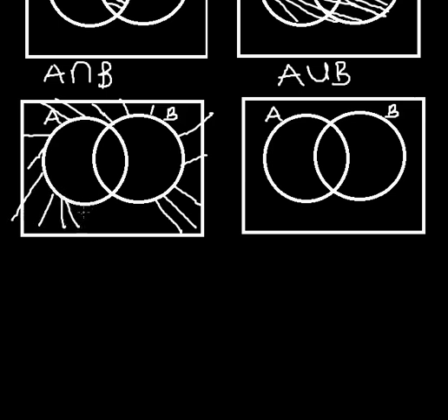Now I'm shading outside the two circles, and of course, that's the complement. So this is the complement of A union B.